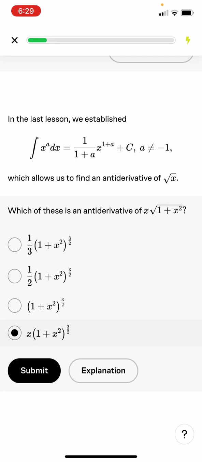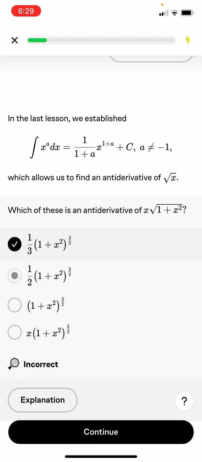But then, on the other hand, that would make it too big. But the antiderivative would just be this. 1 over 3. That would be 1 over 2.